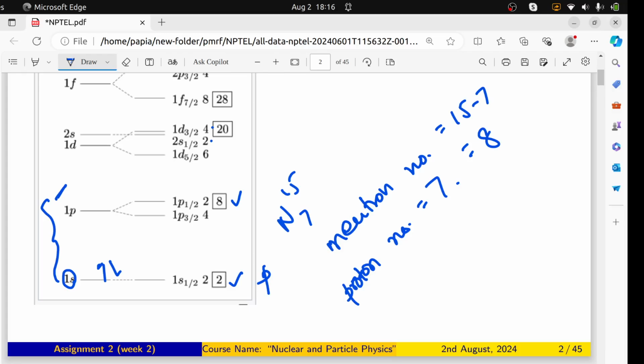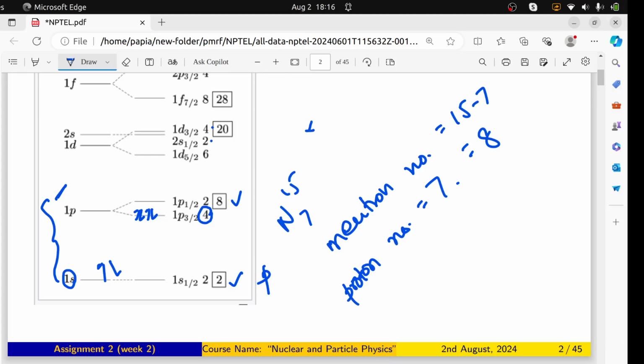Now come here, where there is room for 4, and I have a total of 7 protons. 2 have already gone, so 4 will come here: 1, 2, 3, 4, right? Now if there is 4 and there is 2, that means 6 protons have already gone. Only 1 proton is left.